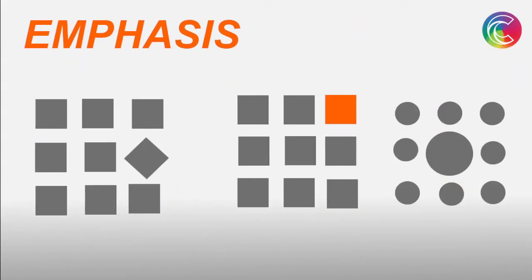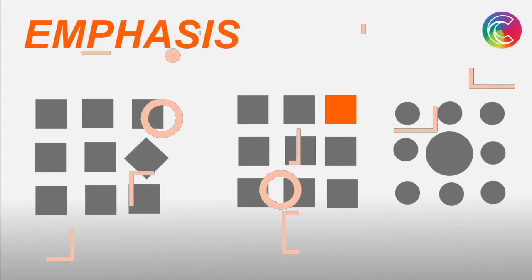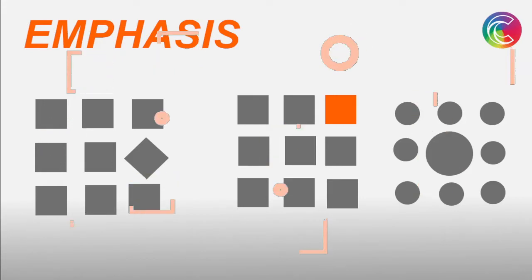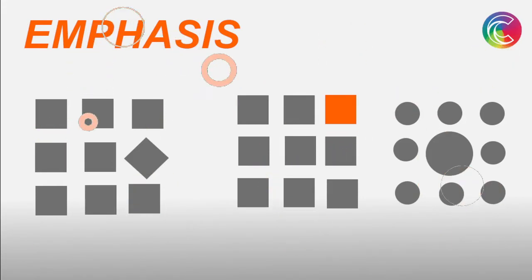Then you have emphasis. Emphasis is again similar to giving importance. This time you change some shape, or you make something more visible, like hierarchy, or you change its color and give it a higher importance. Emphasis is where your eyes go at first sight.